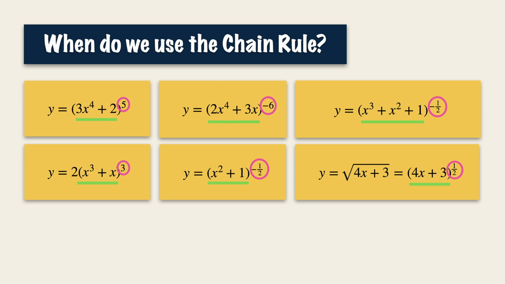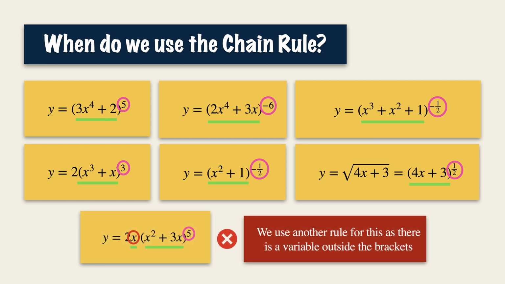You must have a function within the bracket without any variable outside the bracket, with a power on top as well. There is one example where we should not be using the chain rule, and this is where you have a variable just outside the bracket, such as this. We can actually use another rule for this, as there's a variable outside the bracket, and this will be shared in a separate video linked in the description below.